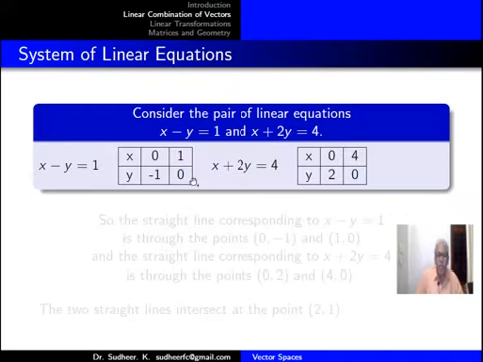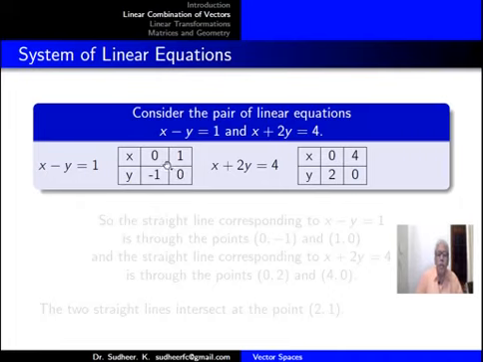Now, to draw the graph of the two straight lines, we need at least 2 points on each. So, the points can be calculated. Consider the equation x minus y equal to 1. Put x equal to 0, you get y equal to minus 1. And put y equal to 0, you get x equal to 1.